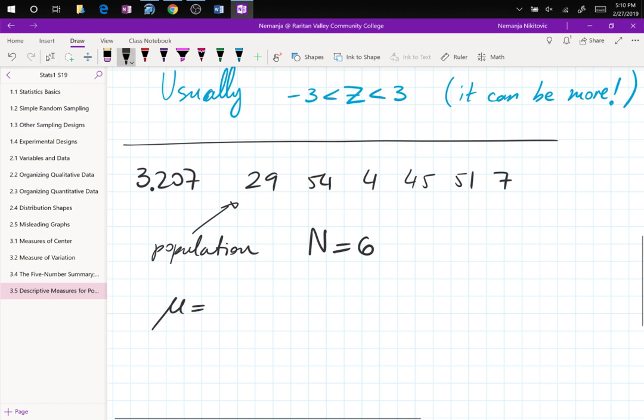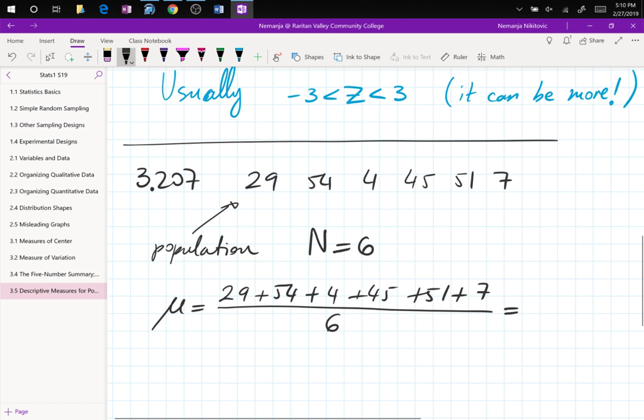Mean is going to be 29 plus 54 plus 4 plus 45 plus 51 plus 7 divided by 6. These numbers add to 190. And we divide that by 6.